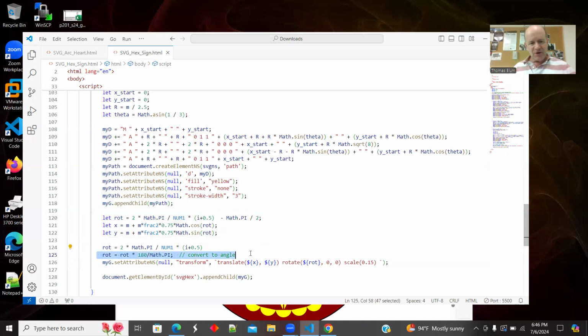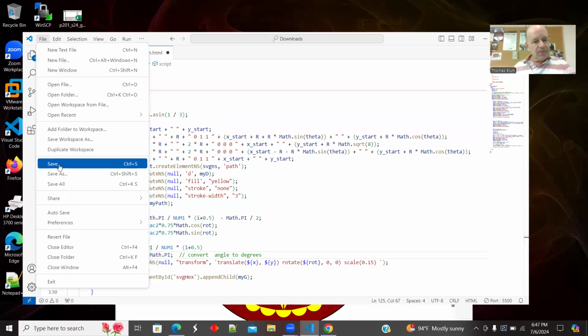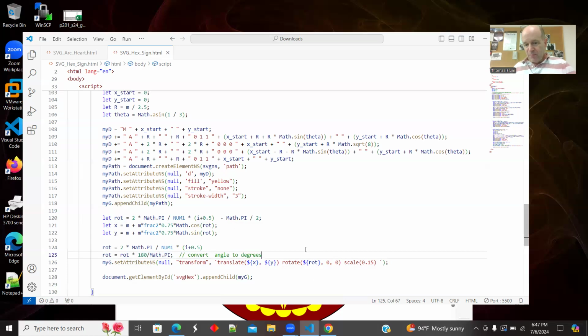So that's here, I'm multiplying by 180 and dividing by pi. That converts it into degrees. It says convert to angle. That makes no sense. Convert angle to degrees. That makes more sense. And put that in. So this $ sign curly bracket allows you to put a variable inside a template literal.